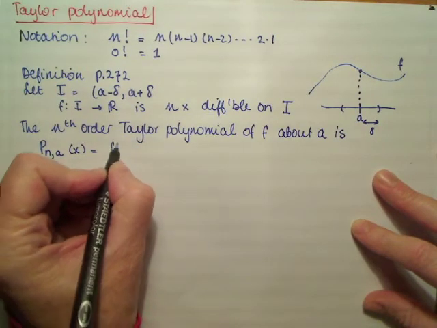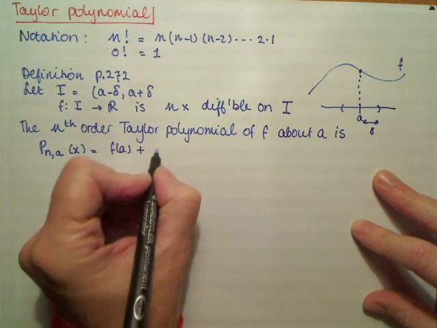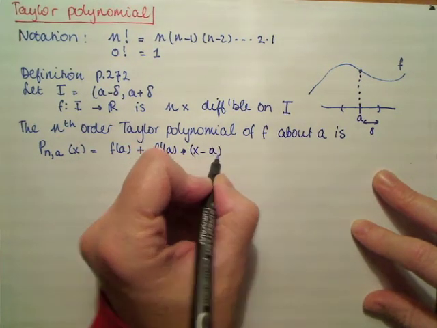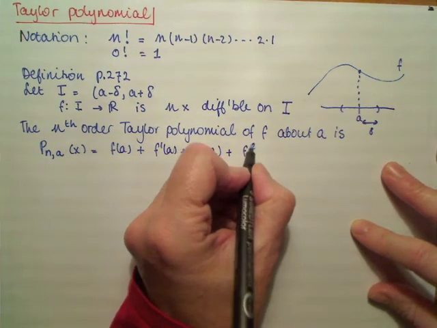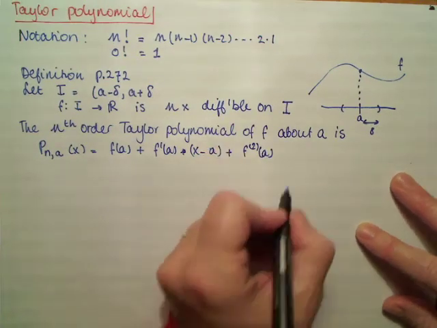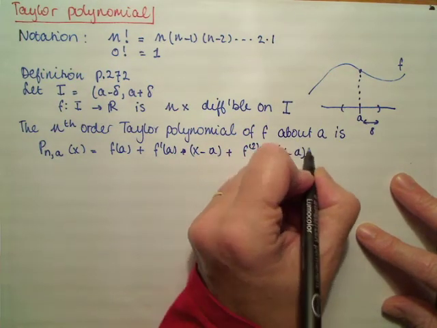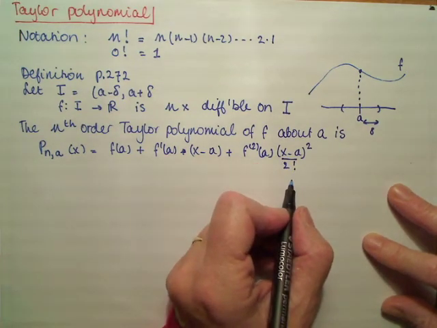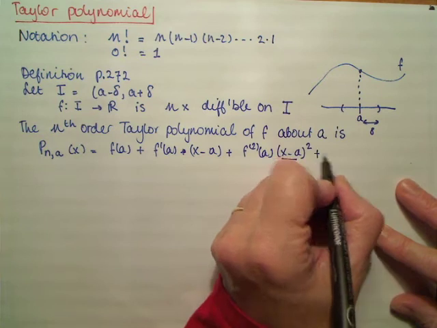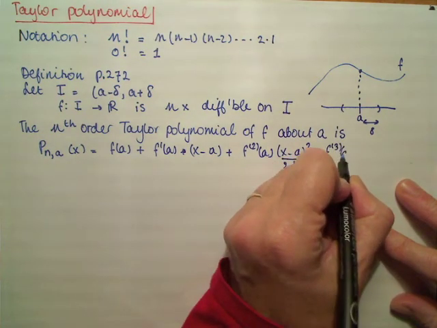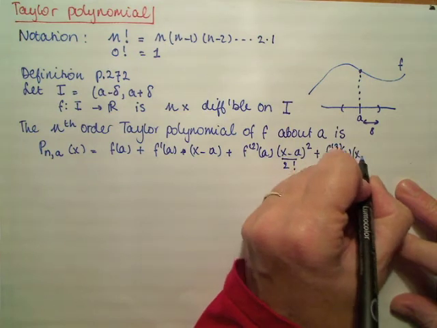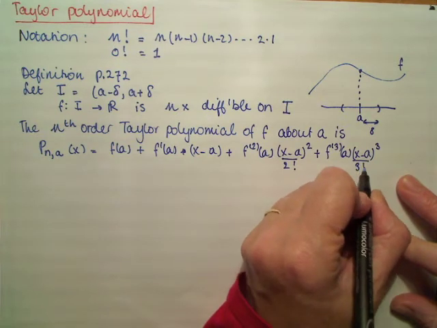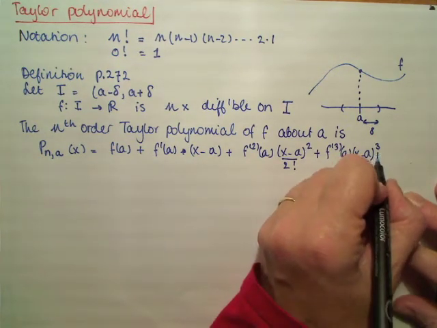It's equal to the function value at the point a plus the first derivative multiplied by x minus a plus the second order derivative evaluated at the point a multiplied by the difference between x and a squared divided by 2, which is equal to 2 factorial, 2 times 1, plus the third derivative evaluated at the point a multiplied by the difference between x and a to the power 3 divided by 3 factorial, which is 3 times 2 is 6, and so on.